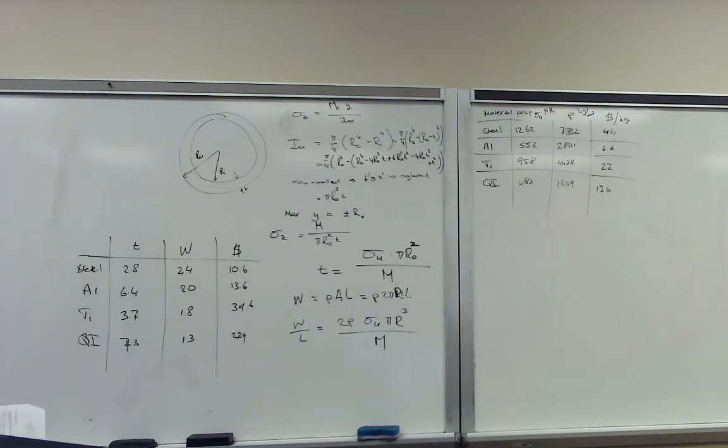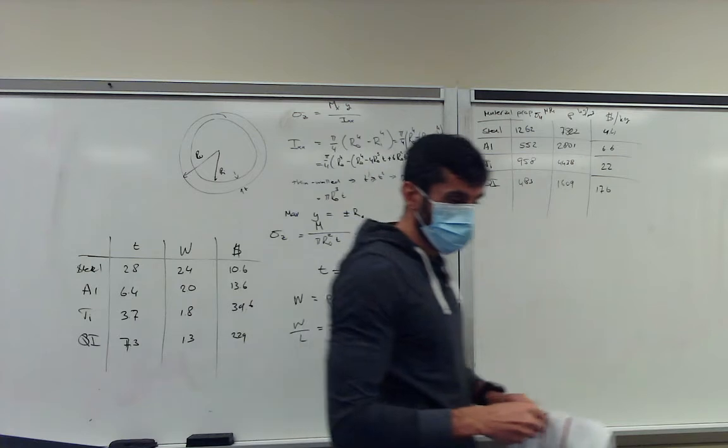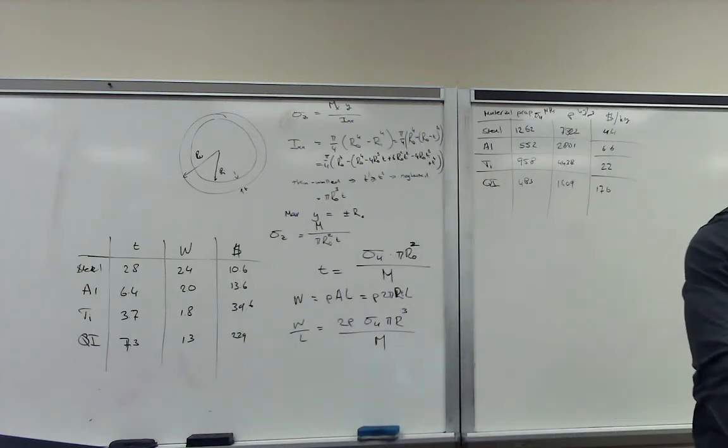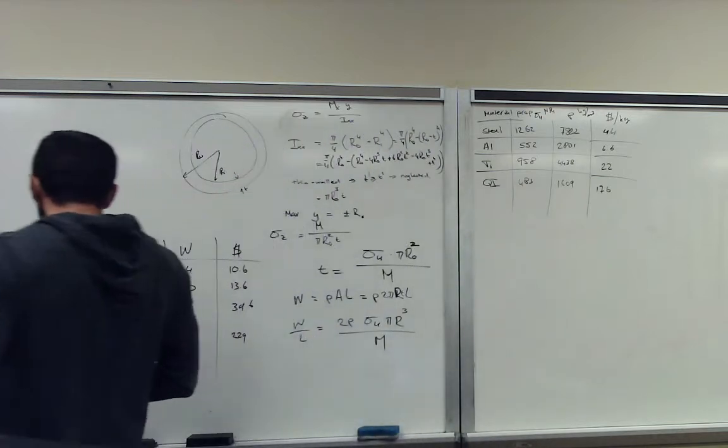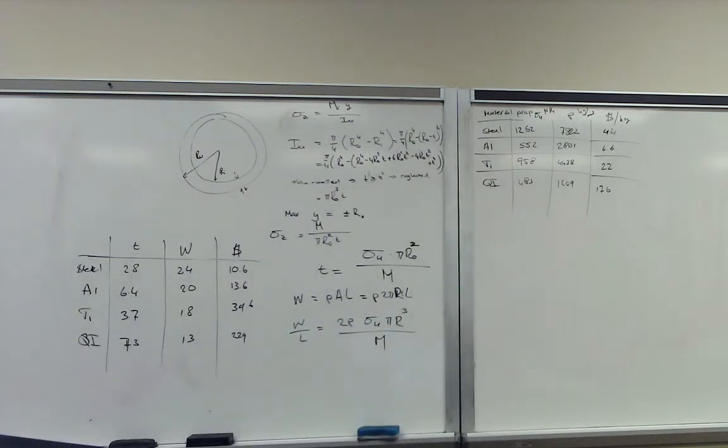So based on this, as an engineer, you have a couple of options. If you're limited by thickness and you don't care about the weight of the structure, then of course in this case steel would be your best option. And in some cases steel is the best option.